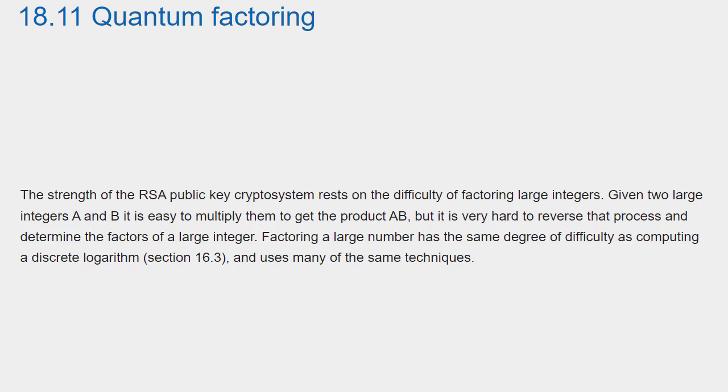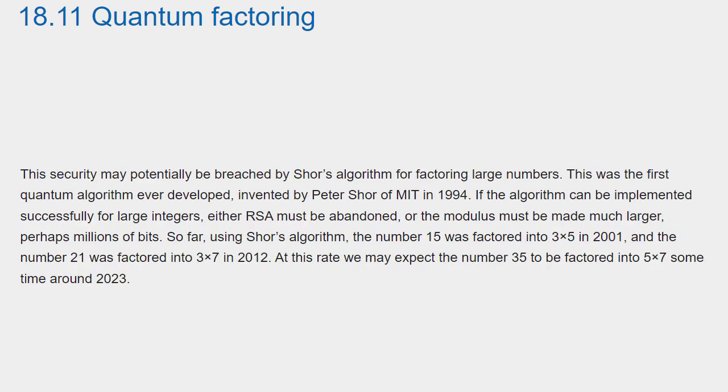Factoring a large number has the same degree of difficulty as computing a discrete logarithm, section 16.3, and uses many of the same techniques. This security may potentially be breached by Shor's algorithm for factoring large numbers. This was the first quantum algorithm ever developed, invented by Peter Shor of MIT in 1994. If the algorithm can be implemented successfully for large integers, either RSA must be abandoned or the modulus must be made larger, perhaps millions of bits.